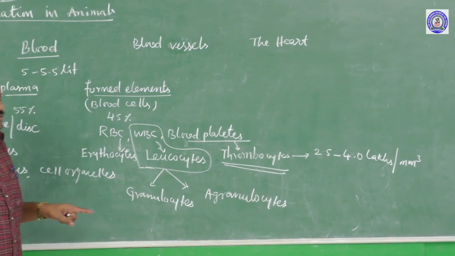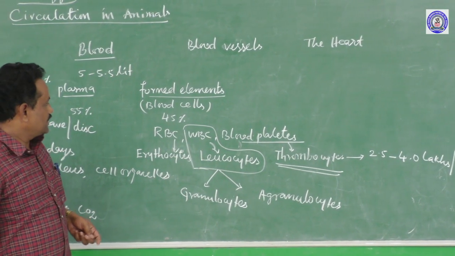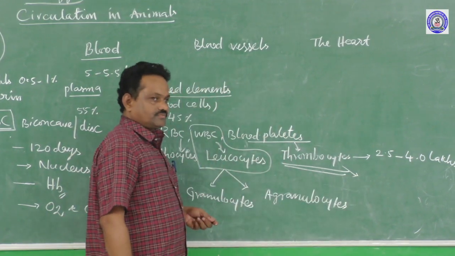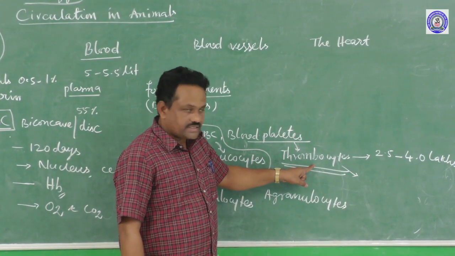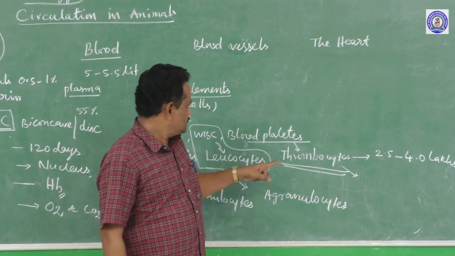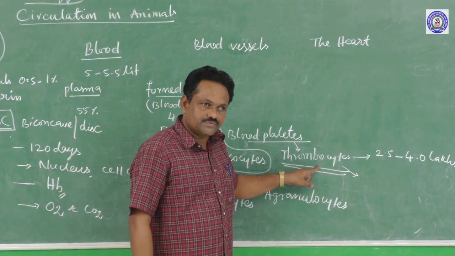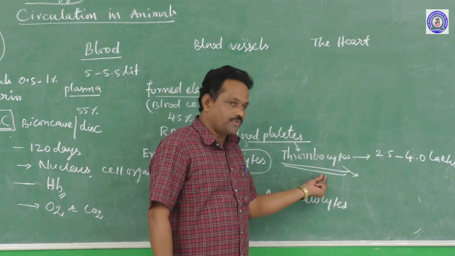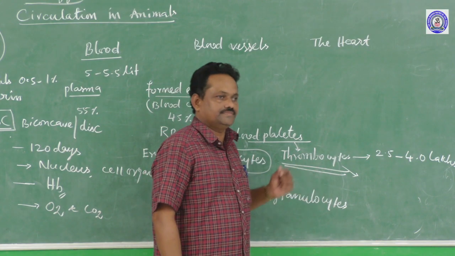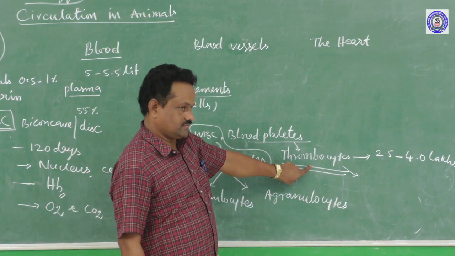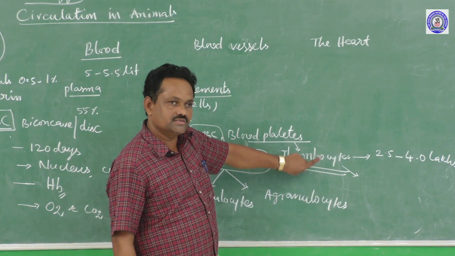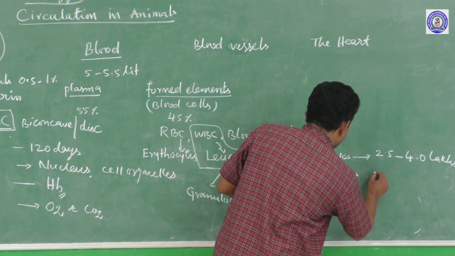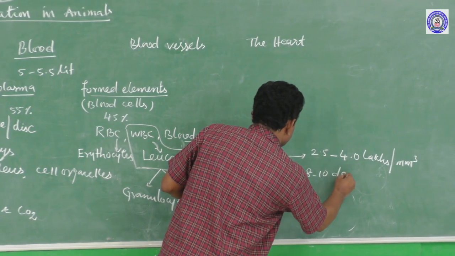And during an injury, the thrombocytes get disintegrated and release a substance called thromboplastin, which initiates the process of blood clotting. So the main role of the thrombocyte is blood clotting. The cells are in circulation for about 8 to 10 days.